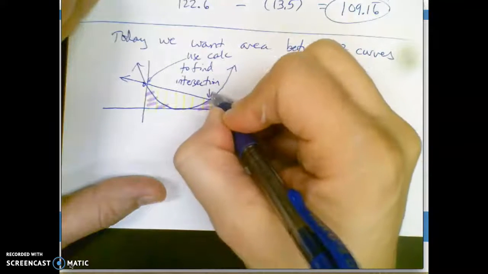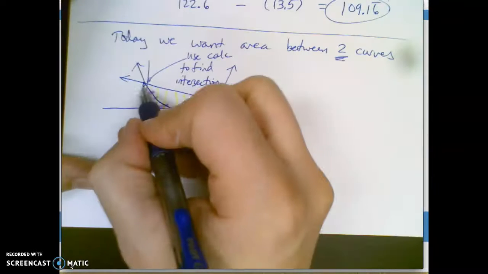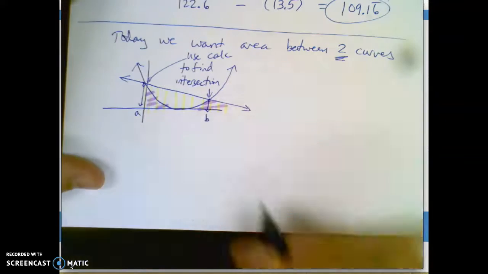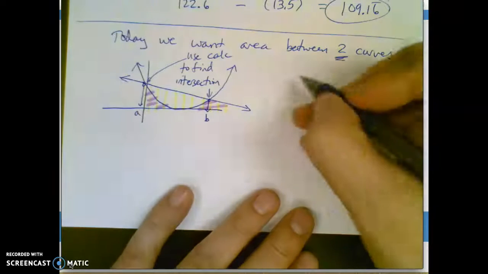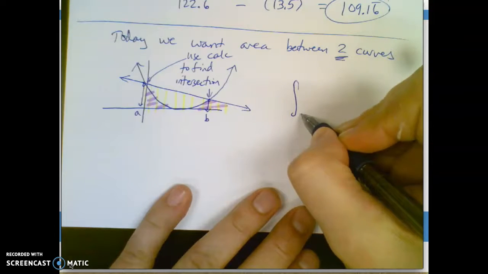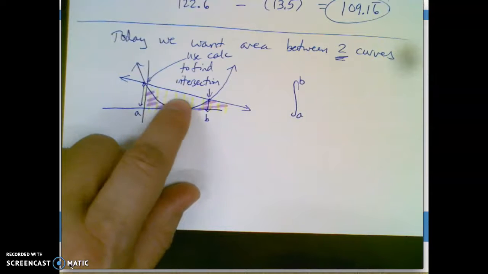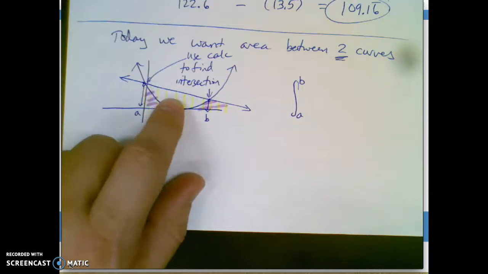So you have to find where these two graphs cross, because if I call this point A and this point B, then here's what your integral looks like. Your integral goes from A to B. This is if I'm trying to find the area of that little smiley face trapped between the two curves.